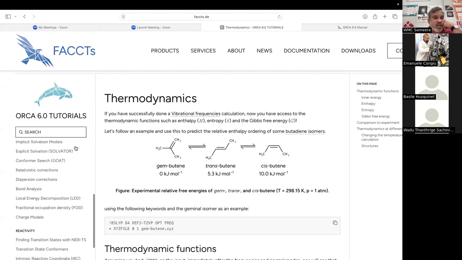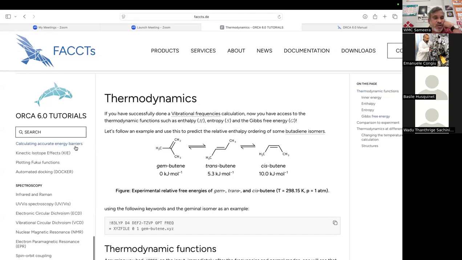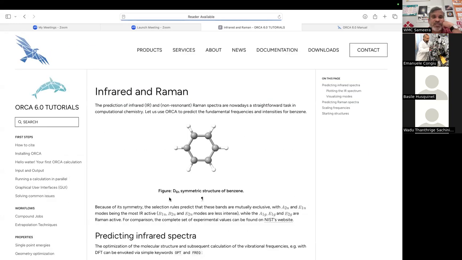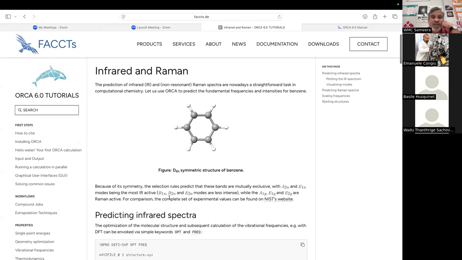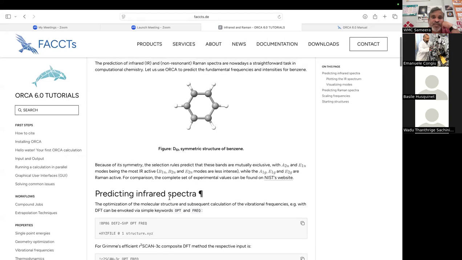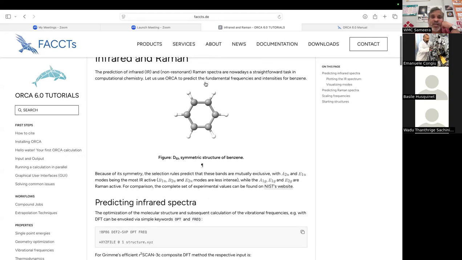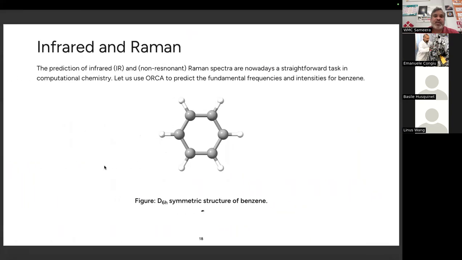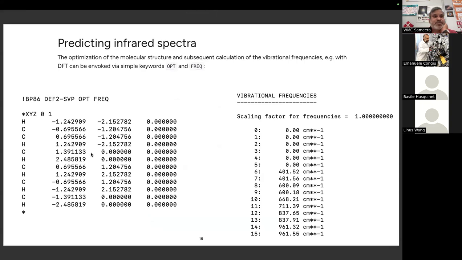So let's go and work on the spectroscopy. We can start with the infrared spectrum. How to compute the infrared spectrum? Here we calculate the infrared spectrum of the benzene molecule. Our input file is very simple.